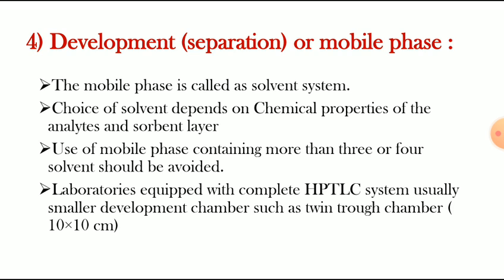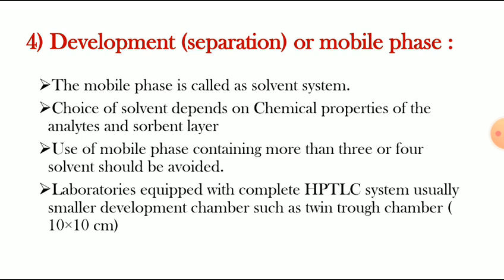Laboratories equipped with a complete HPTLC system usually use smaller development chambers such as the twin tube chamber, which has a size of 10 by 10 centimeters. See, this is the actual twin tube chamber.